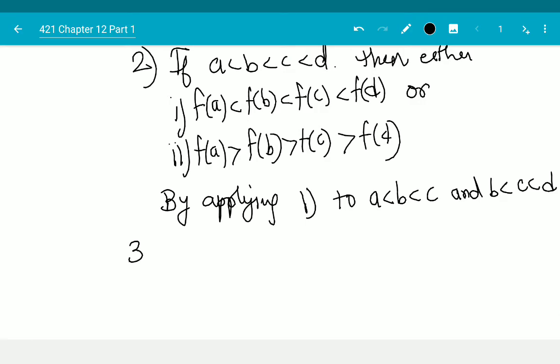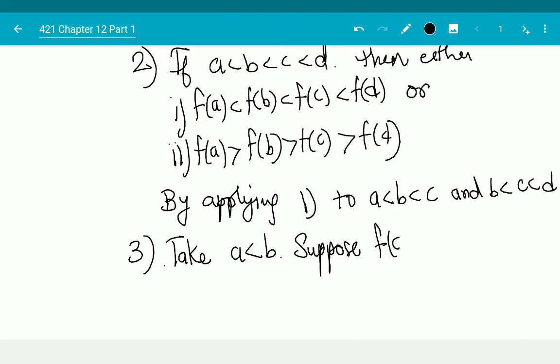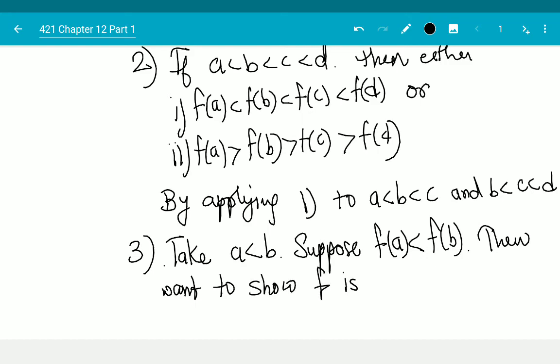And now that I have this for 4 points, take any 2 points. Take A smaller than B. Suppose f of A is smaller than f of B, right? Then I want to show f is increasing. How do I show this?